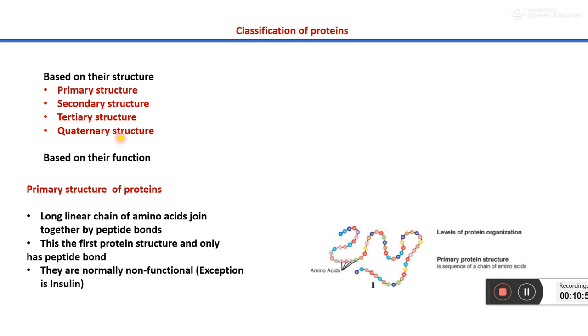So let's first discuss the primary structure of proteins. It is also considered the simplest structure of proteins. The primary structure of a protein is a long linear chain of amino acids joined together by peptide bonds. So this is only a long linear chain of amino acids.